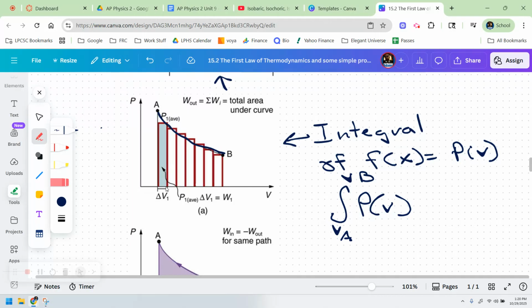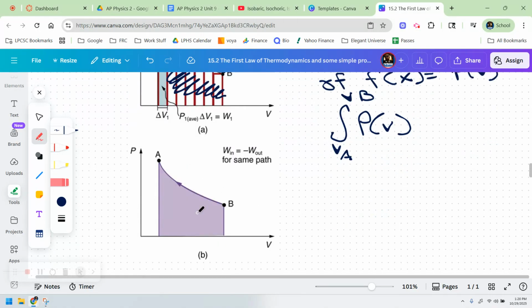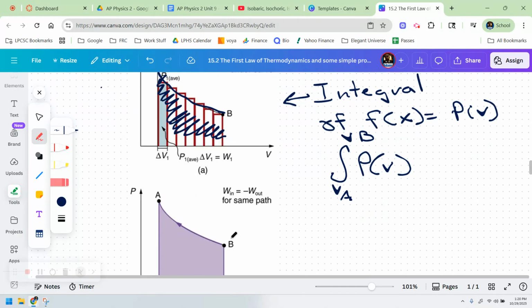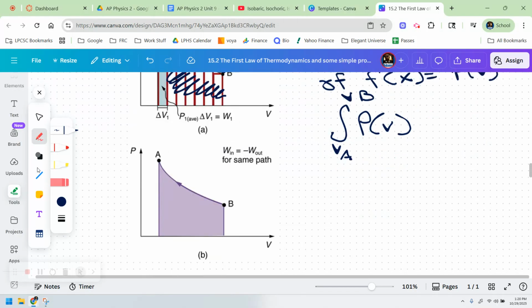And so what that means is, if you know calculus, you just calculate the area under the curve, and that tells you the work out. So this is actually more Calc 2, or at the high school level, this is more Calc BC. And so when you, instead of doing this rectangle method, actually do Calc 2, you get that the work in should be the same as the work out.